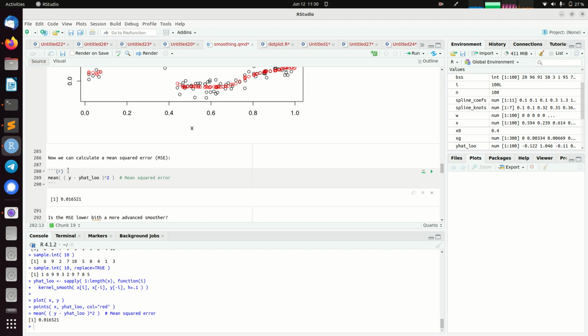There's an important caveat here, namely, you can use this in two ways. You can use it for hyperparameter search, so find the right smoothing bandwidth by rerunning this calculation for different values of h and seeing which one gives us the lowest mean squared error.